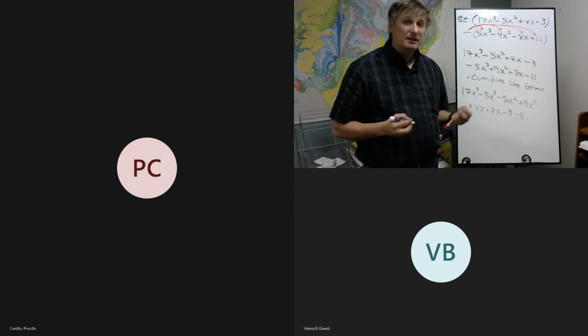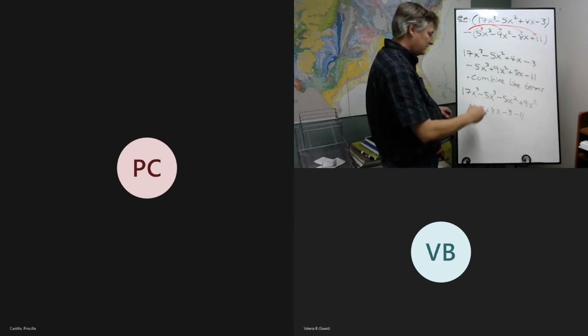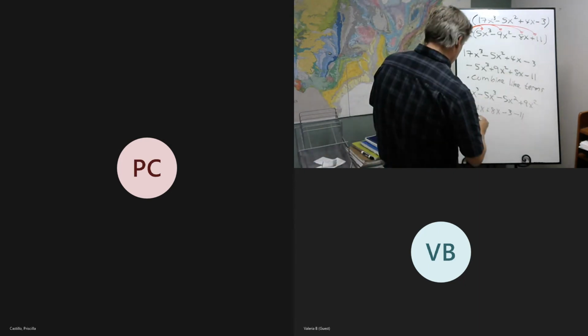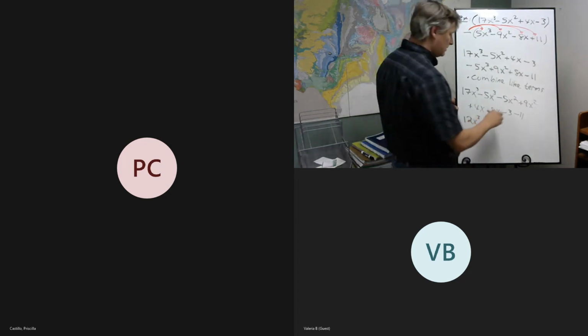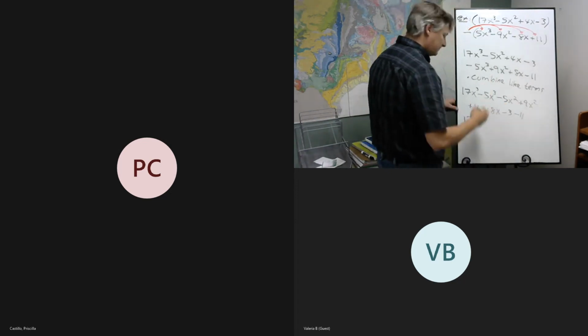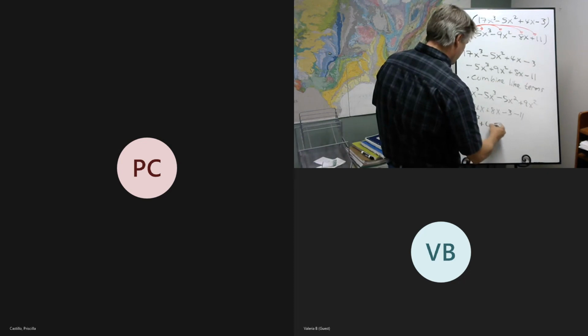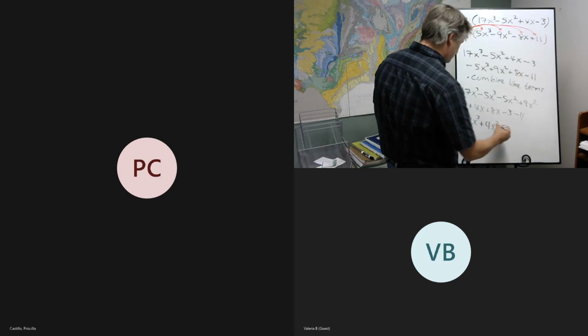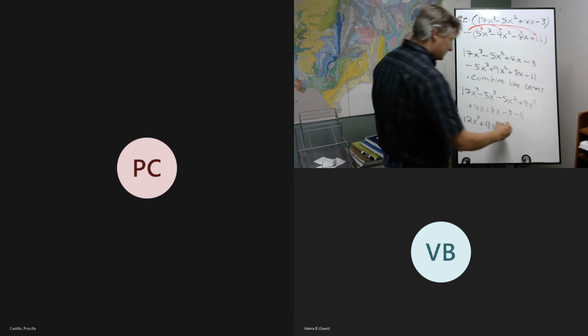So combining these terms, 17 minus 5 is 12x cubed. Minus 1 and a positive 9 is a plus 8. 4 plus 8 is 12.